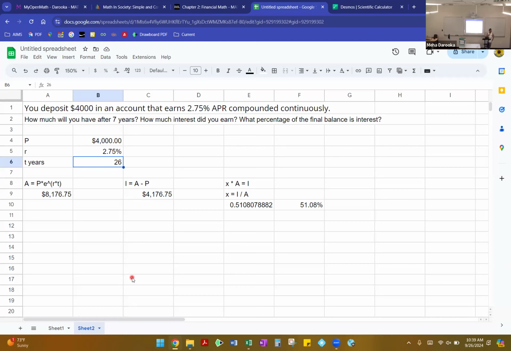So again, if you were to go online and say, I'm interested in getting a CD deposit, there's this really good website that helps you do that. I don't know if you guys are familiar with bankrate.com.